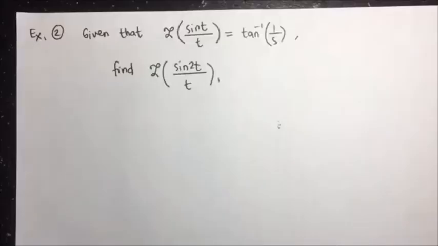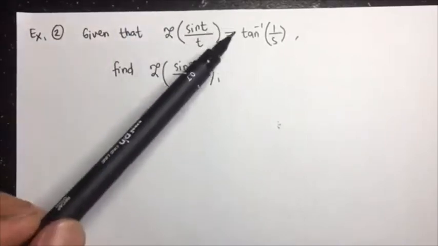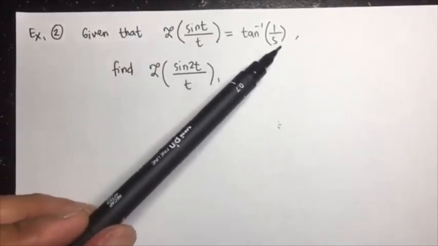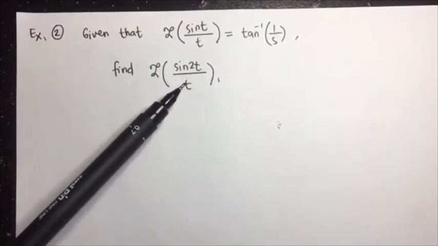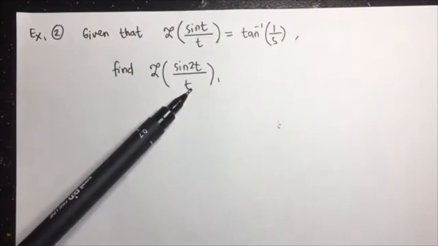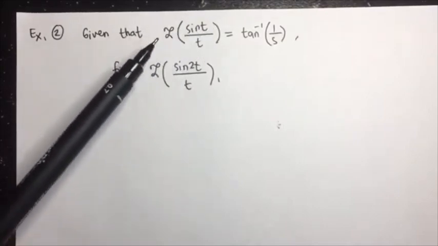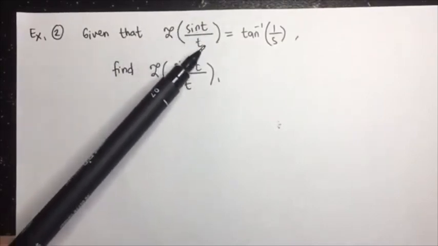For our second example, given that the Laplace transform of sine t over t is equal to arctan of 1 over s, find the Laplace transform of sine 2t over t. Here our f of t is obviously sine t over t.